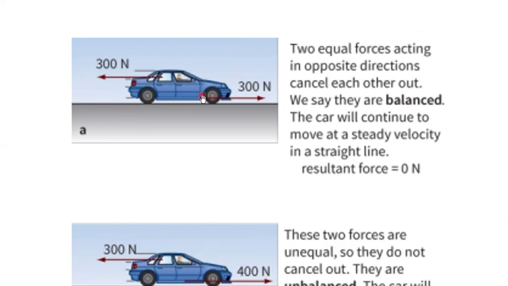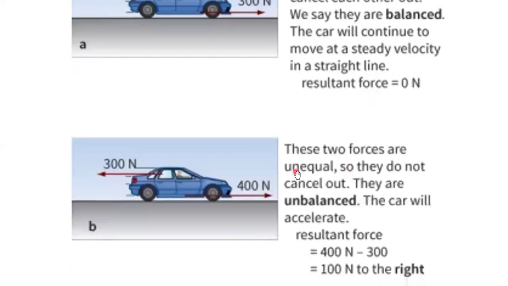Why is it balanced? There's no resultant value, right? There's not a single newton that comes to the left or right. It is balanced in this x-axis direction. So then I can safely say there's no resultant force.